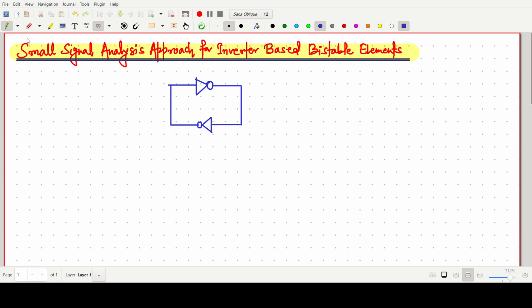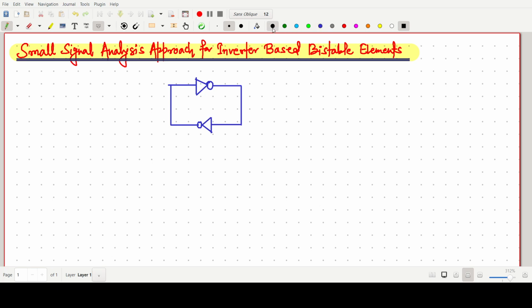Before that, I want to give a quick recap of this circuit. This one is basically a bistable element which consists of two inverter circuits.